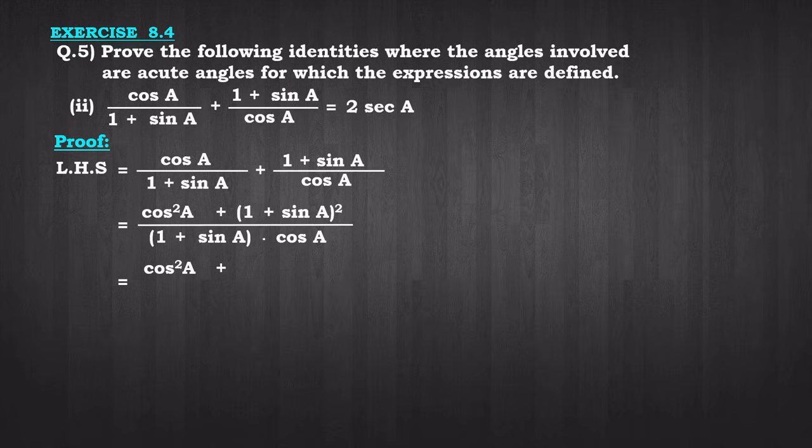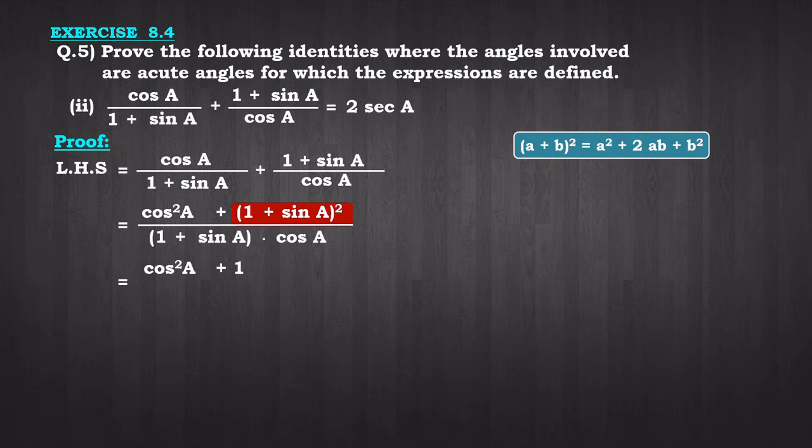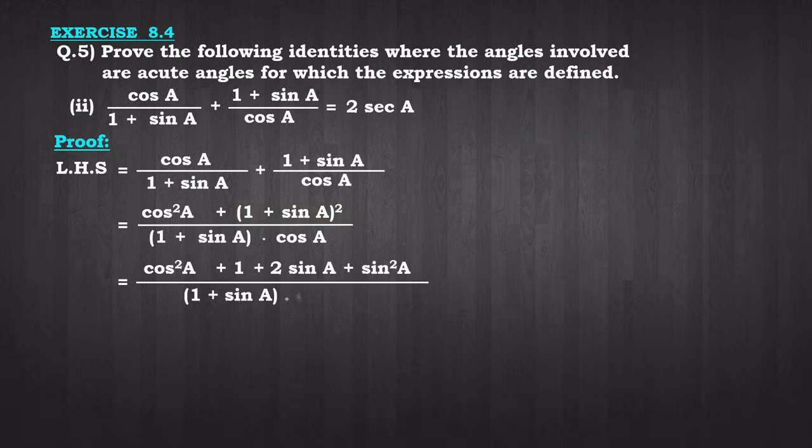Now use the identity: (a plus b) the whole squared is equal to a squared plus 2ab plus b squared. Expanding, (1 plus sine A) the whole squared becomes 1 plus 2 sine A plus sine squared A. So, the numerator becomes cosine squared A plus 1 plus 2 sine A plus sine squared A. Now rearrange the terms.